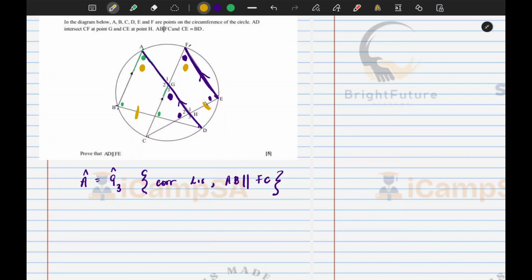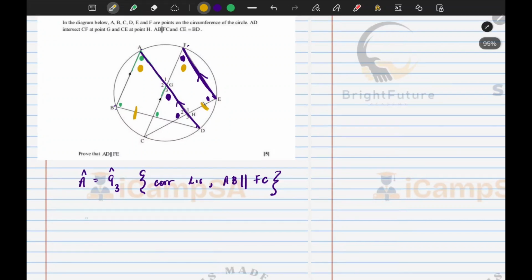So angle A is equal to angle F, and our reason is angles subtended by an equal chord.